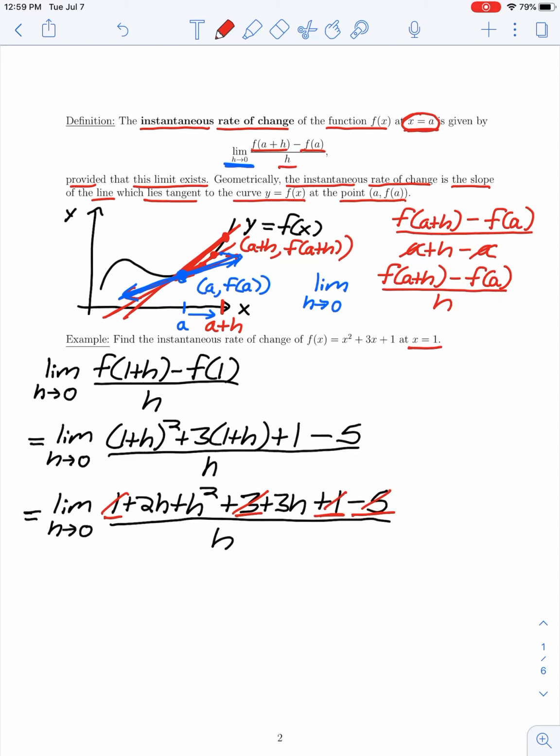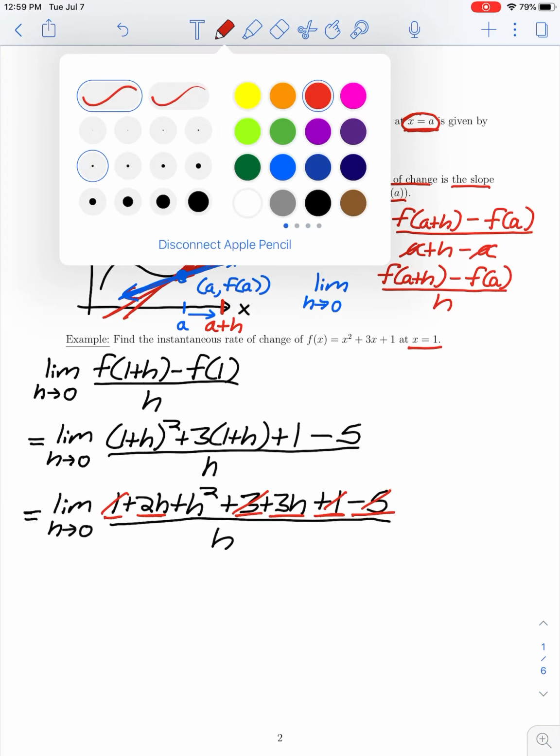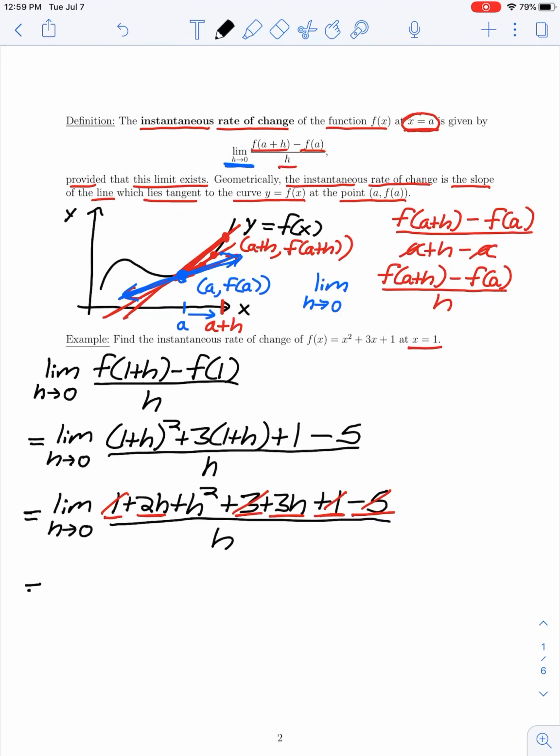So these constant terms cancel. Let's see what else we can group together. I had a 2h plus a 3h, which will leave me a numerator of 5h, and then plus we have this h squared term.